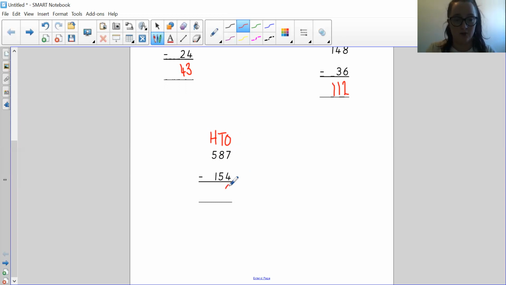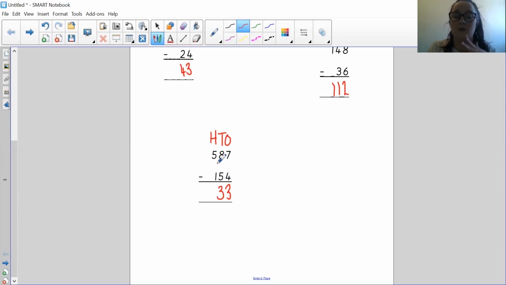So I'm going to put my 3 there. Right, let's look at the tens. So we've got 80 subtract 50. So 10, 20, 30, 40, 50. My answer is 30. Oh, all the 3s so far. I wonder if the next one's going to be a 3.